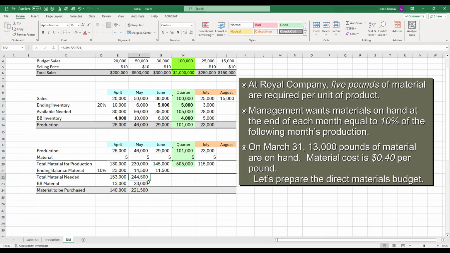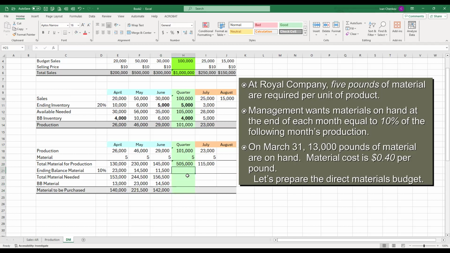Yeah. With that, we need a total of 156,000 pounds. But we already have 14,500. So in total, we need to tell our purchase managers that they need to purchase 142,000.